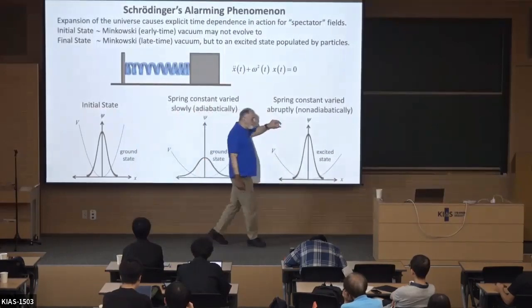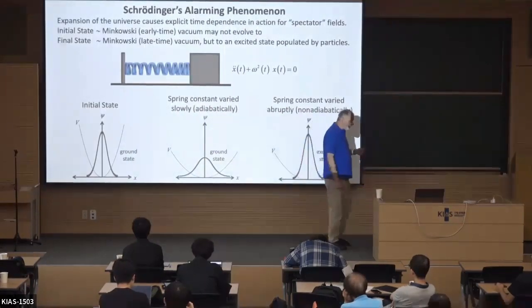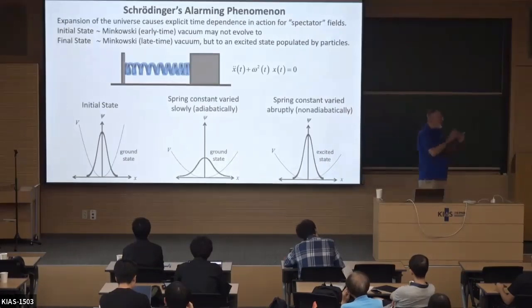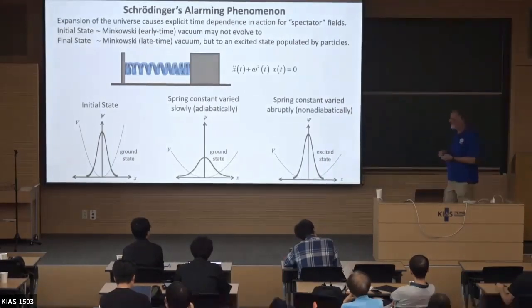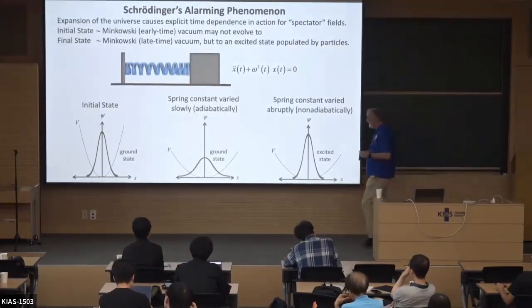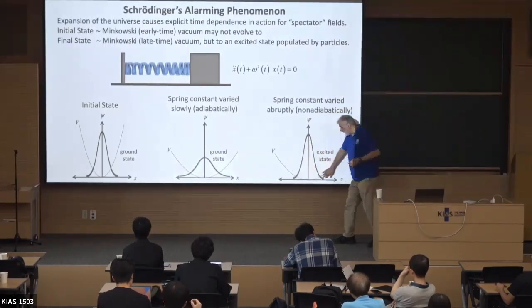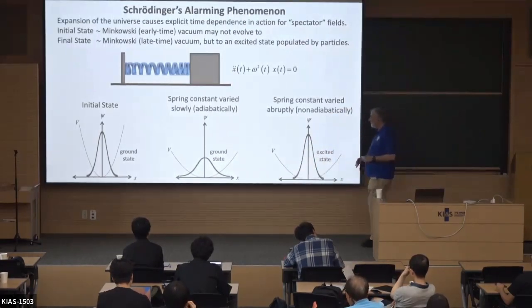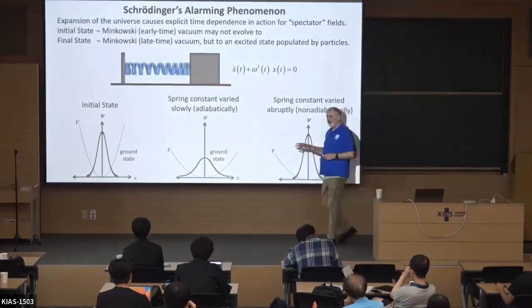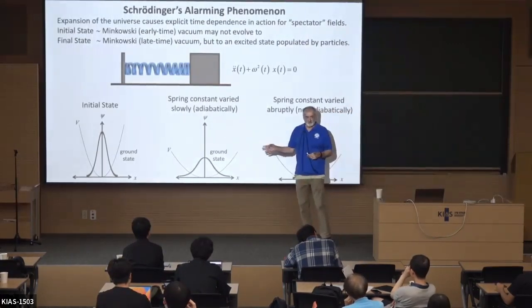But now if you non-adiabatically, violently, abruptly change the spring constant, then the wave function will not respond to the change, and the wave function for the new potential will look like it's an excited state rather than the ground state.